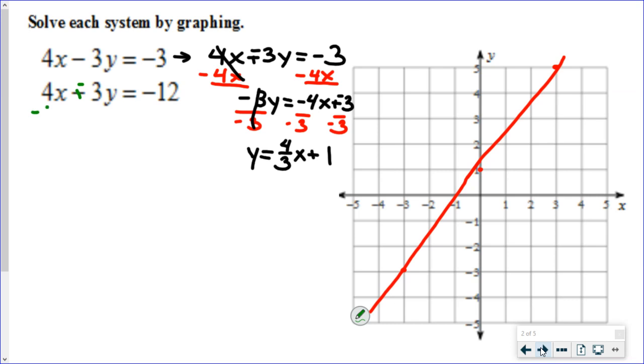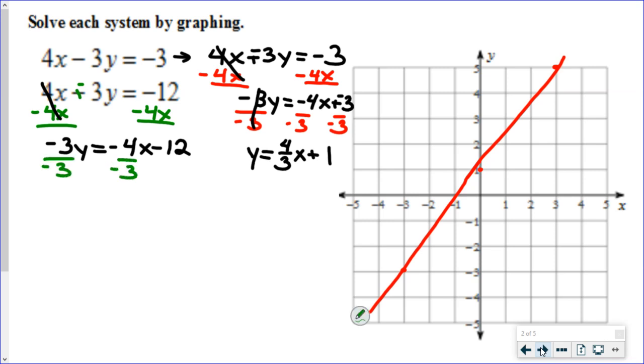Okay, so I'm going to start by minusing 4x. After I do that, keep, change. So I get a negative 3y equals, now I want the x first, just to keep it in slope-intercept form. And then I'm going to divide, again, everything by a negative.